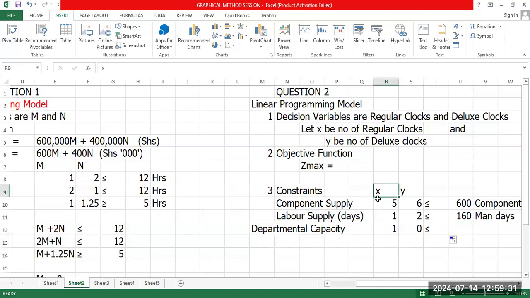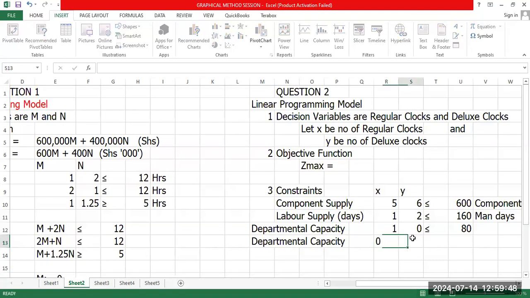Departmental capacity for X is what, in our question? 80. Then departmental capacity for Y. If I'm dealing with Y, I put here 0, for Y, I put 1. It is still also this. Then for Y it is 60.